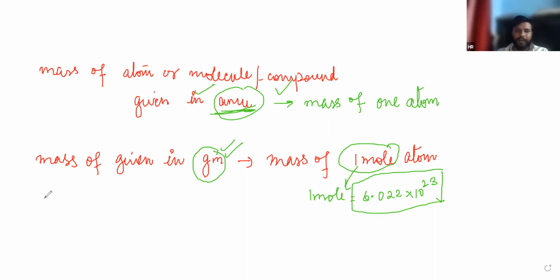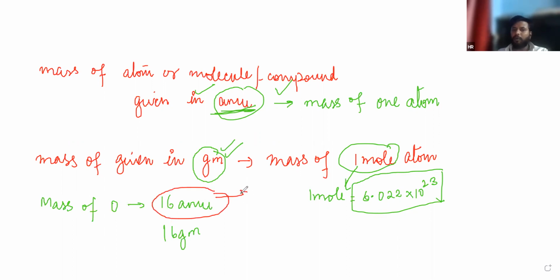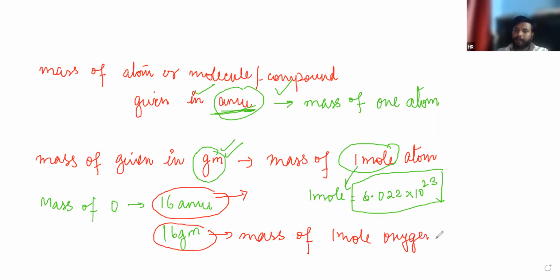If I'm asking you what is the mass of oxygen, you can write 16 AMU or 16 gram. See the difference. What does this mean? This means the mass of only one oxygen atom. And what does this mean? Mass of one mole of oxygen atoms.